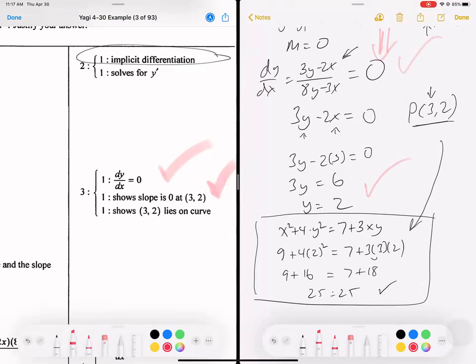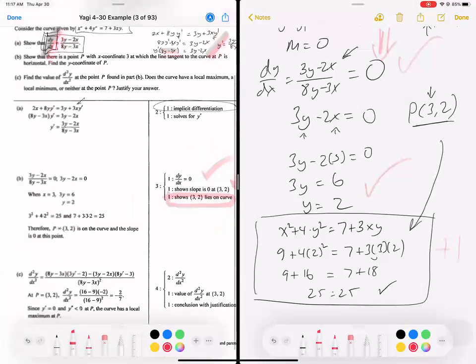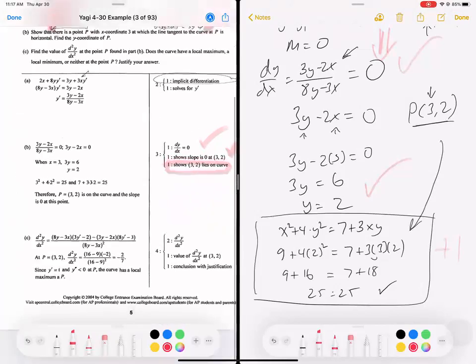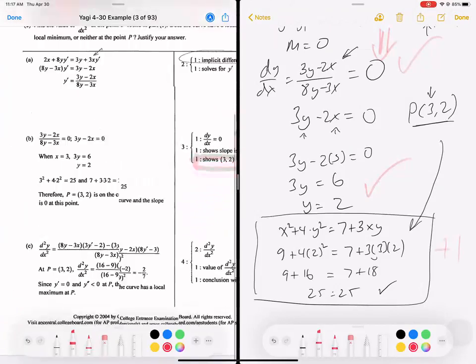And if you forget that last portion of showing that it was part of the curve, the good thing is that this is only worth 1 point. So don't freak out if you're missing one thing. You want to get in as many points as possible. But sometimes if you forget something, it's maybe worth 1 point, 2 points, unless it's one of those critical errors that takes away all your points.